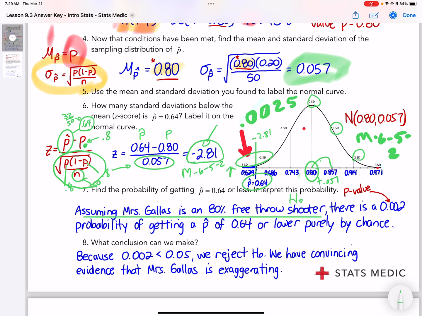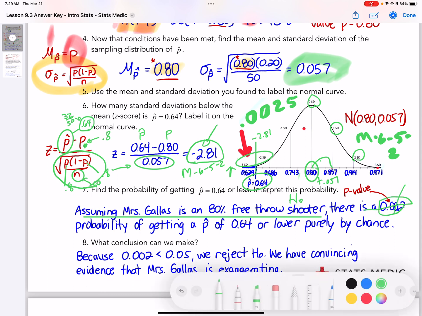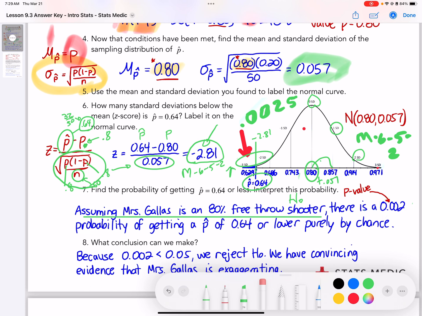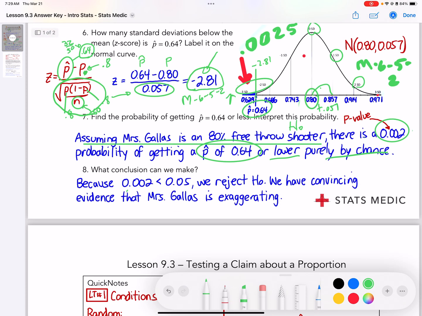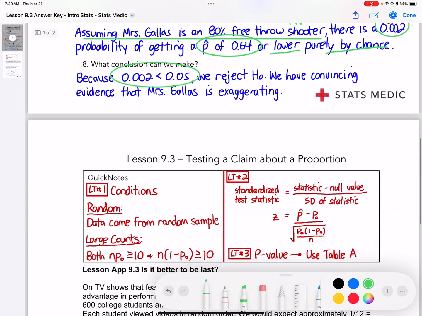And then you're going to say there is a p-value percentage, a probability of getting what we got in our sample or lower by chance. And because we find that it's lower than the 0.05, which I told you we're going to use unless noted, we're going to reject H0, and we have convincing evidence that she's exaggerating.